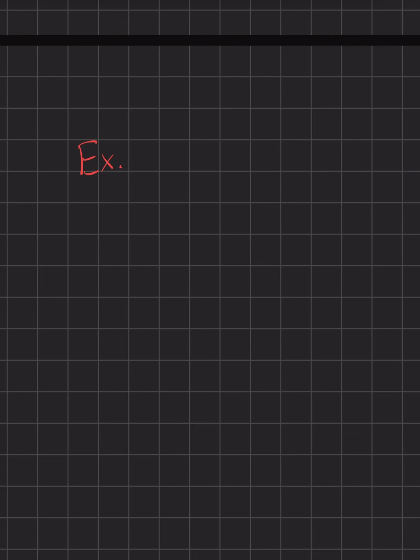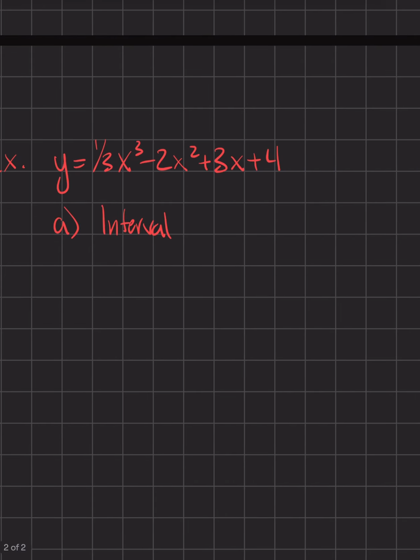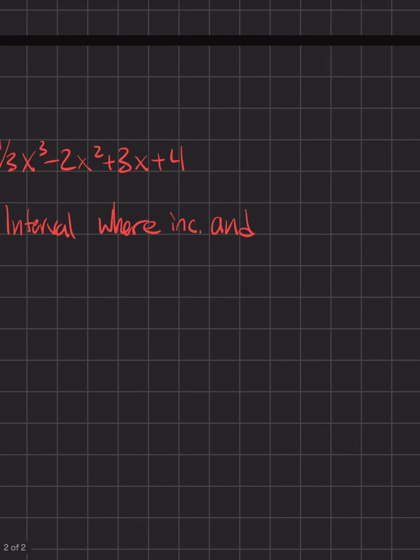So the first one we're going to go over is the function y = 1/3 x cubed minus 2x squared plus 3x plus 4. And what we want to know about this function is, first, the interval where it's increasing and decreasing.